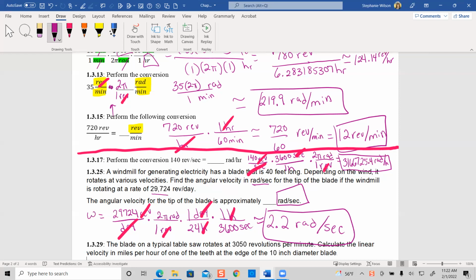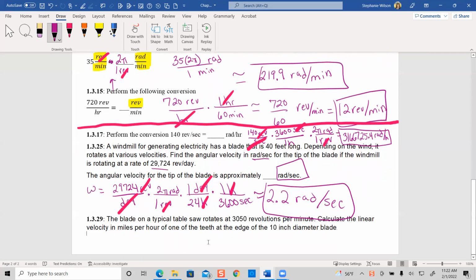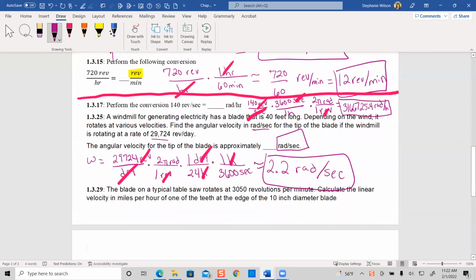All right, let's do the very last one. So the blade, let me get another sheet here. All right, the blade on a typical table saw rotates 3,050 revolutions per minute. Calculate the linear velocity in miles per hour.